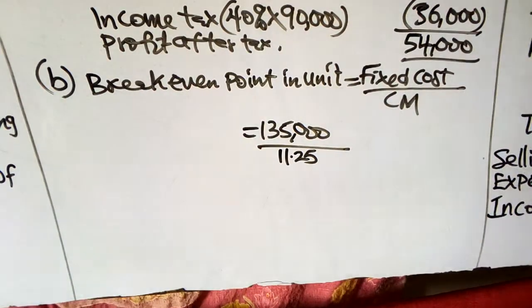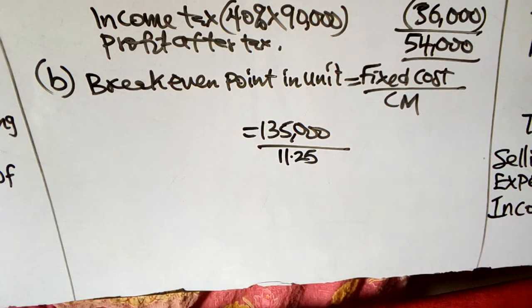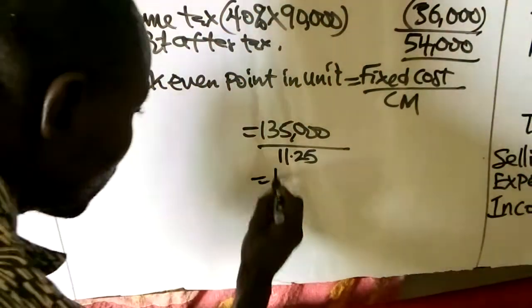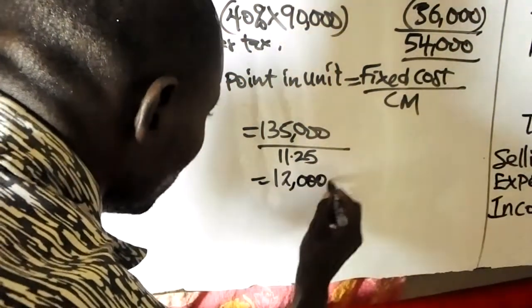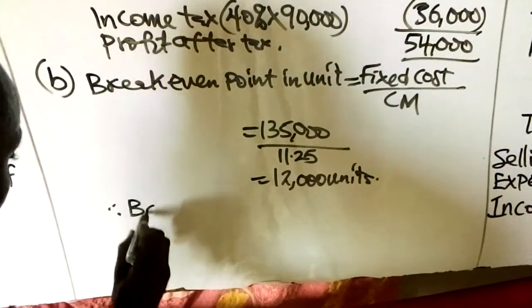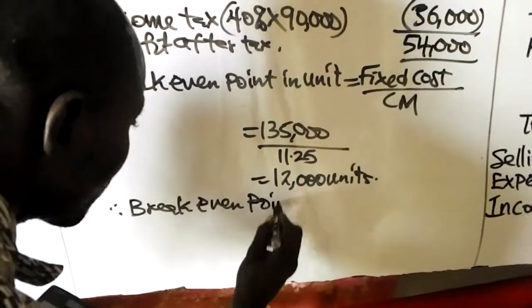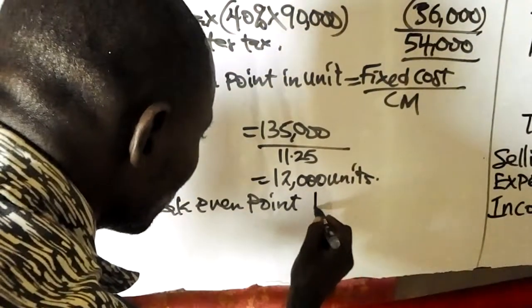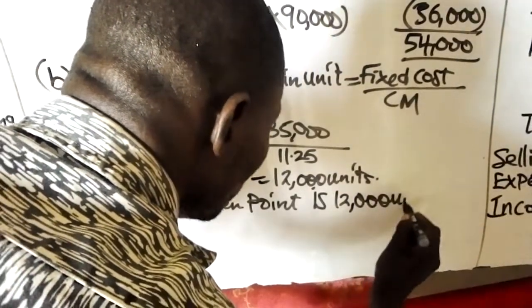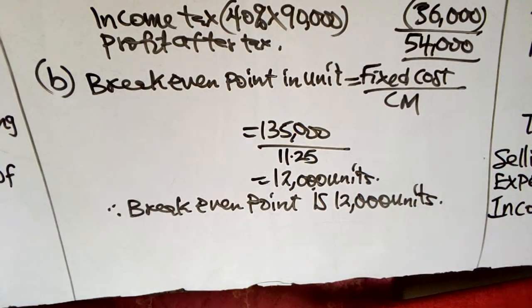So 135,000 divided by 11.25, then we have 12,000 units. Therefore, break-even point is 12,000 units. B has been answered.